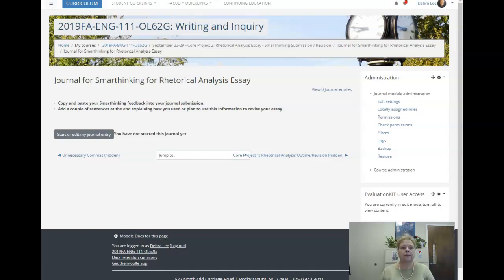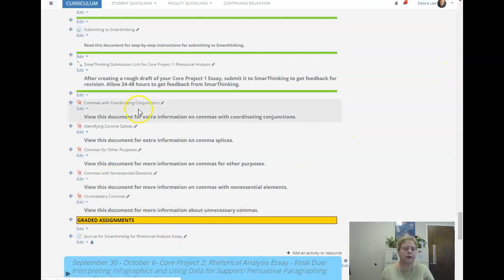Back to the Moodle page, there is some extra information that I've put on this week's tab for commas. Commas seem to be the thing that is bothering us the most as we're writing, as far as those little technical things like putting commas in the right place. And in this case, this is just extra information.